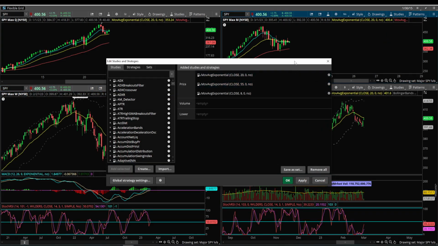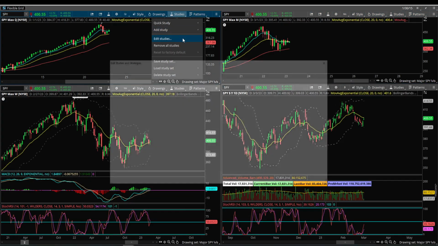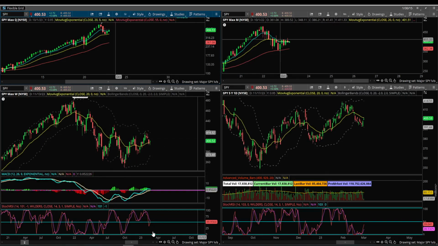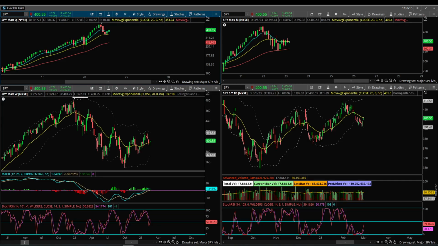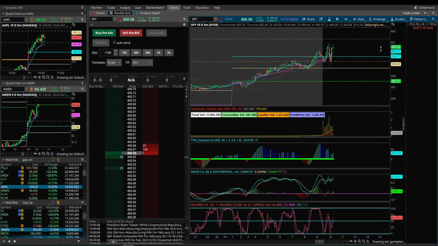So we have the 8, 20, and 55 EMAs on our monthly chart, and on our quarterly chart, we have the same. So, I'm trying to think here. Yeah, that's pretty much all the indicators I use and the chart setup I use.